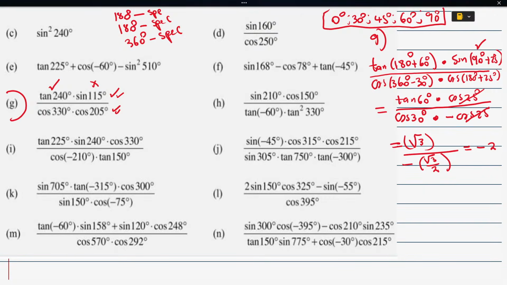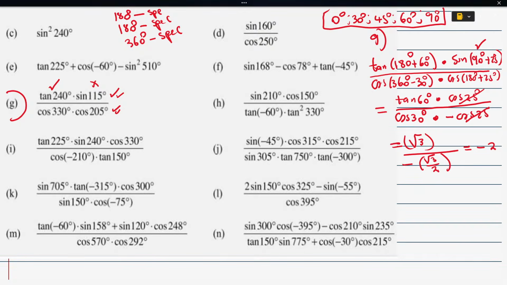Okay, let's see the comments if you are still with me there, learners. Yes, sin of 90 plus 25. Press your calculator, the one who is asking.